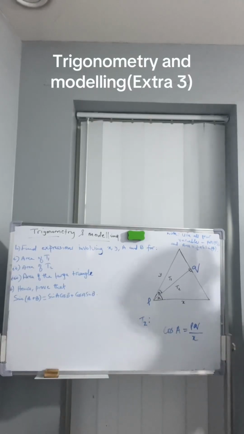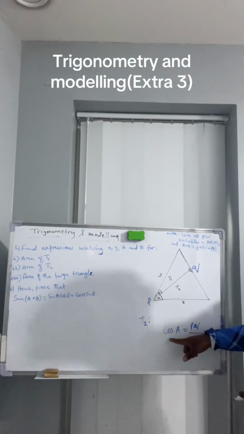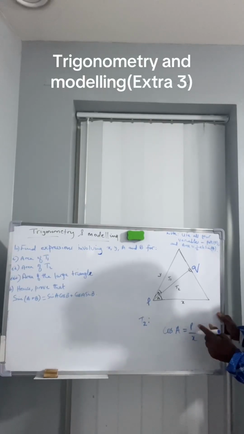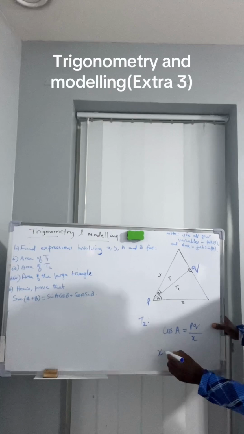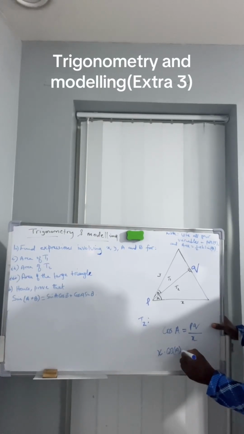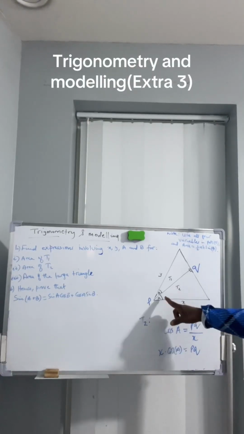So your PQ becomes x cos A if we cross multiply. Now you have x times cosine of A is equal to PQ.